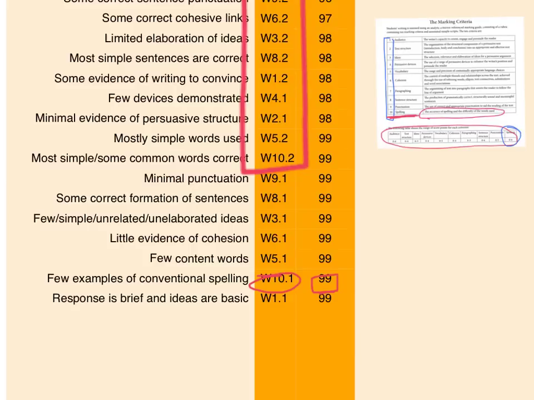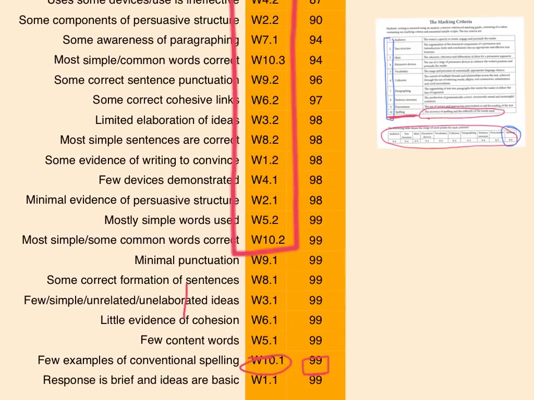And this student is in the same boat. He spelled all his simple words correctly and actually did a little bit better than that because he also got the 2nd mark out of 6 for spelling most simple and some common words correctly.